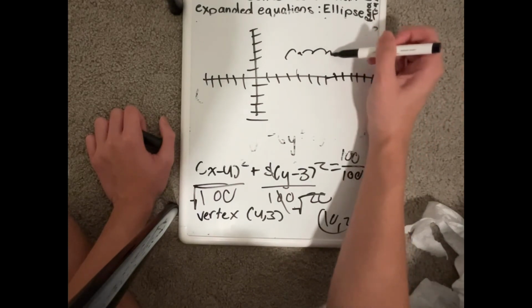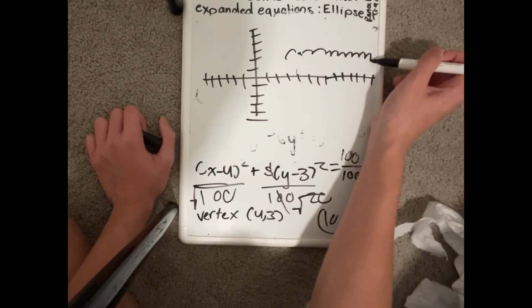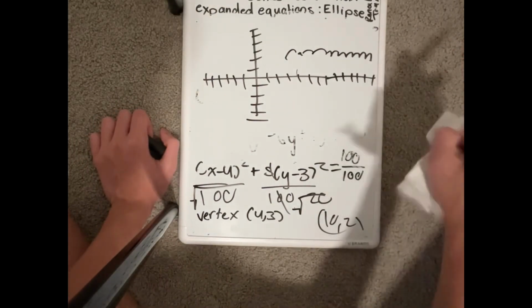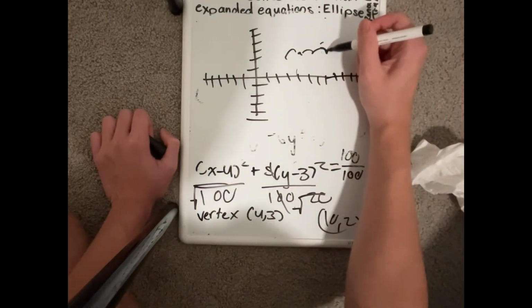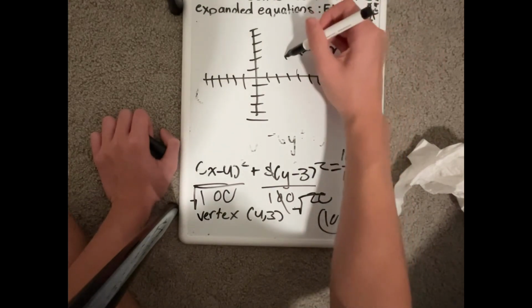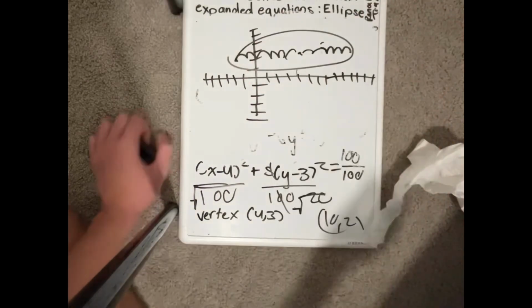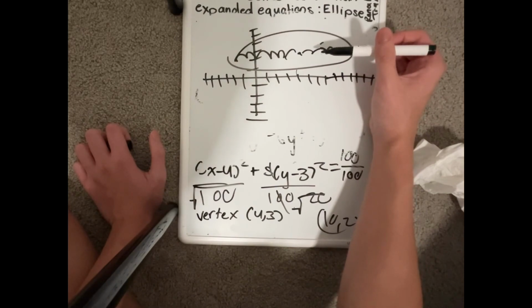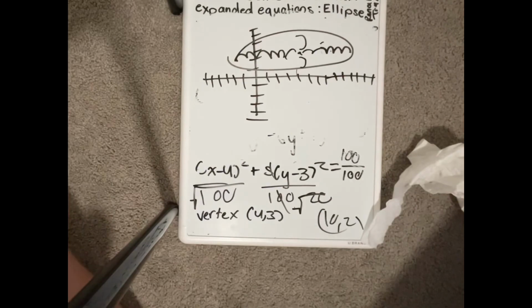So from the center it will be 5 wide each way, and 1 tall each way, and that's our ellipse. 2 tall, which is divided by 2.